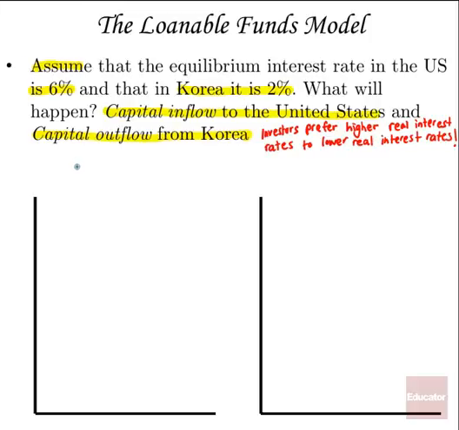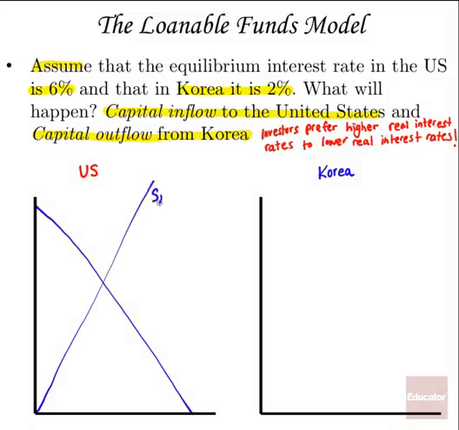All right, so let's assume that this is the United States here, US here, and on this side is Korea. Okay, so in the US you have the 6% interest rate. So let's go ahead and graph this here. So this is supply of loanable funds here, and this is 6%. This is the R, which is the interest rate.